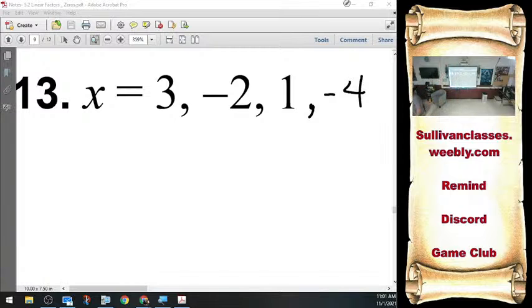Create a polynomial that has these zeros. You get to go distribution bonkers on it. Yeah, and now multiply it.